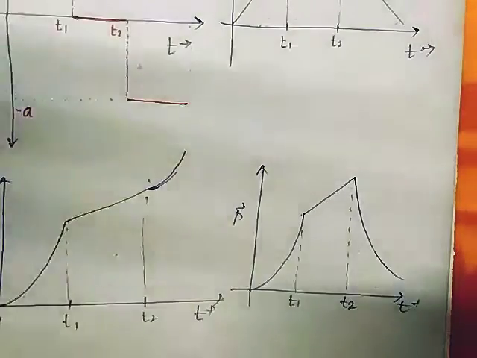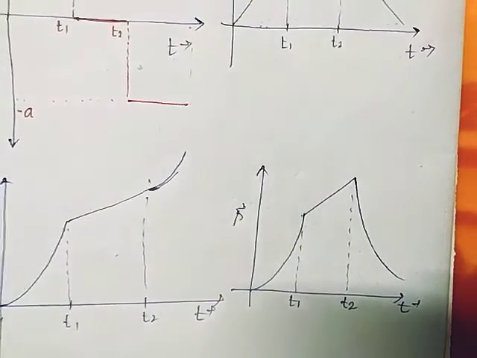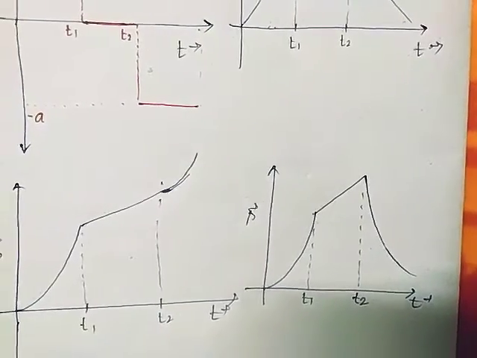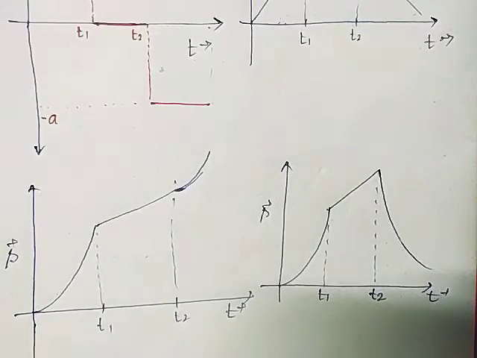So from these discussions we have understood one thing, that the acceleration versus time graph basically shows how the slope of the velocity time graph changes, and the velocity versus time graph basically shows how the displacement versus time graph's slope is changing.